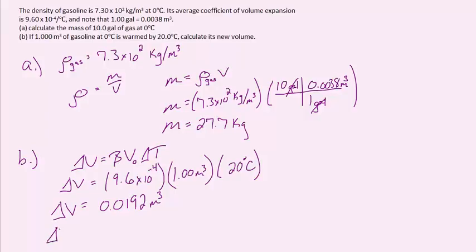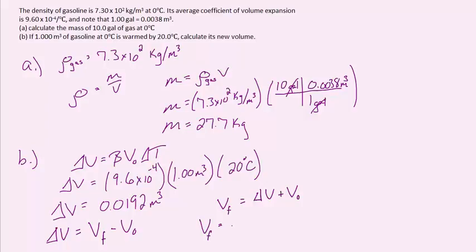So we know that our change in volume is equal to our final volume minus our initial volume. So if we are asked to find our final volume, we can rearrange the equation where our final volume will be equal to our change in volume plus our original volume. Knowing these two variables, we can now solve for our final volume.